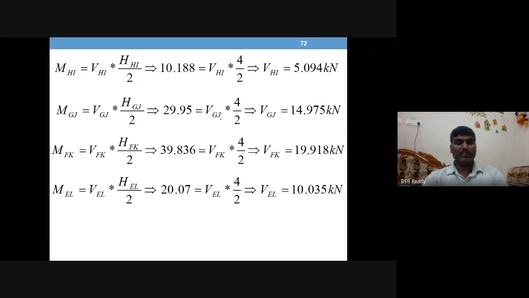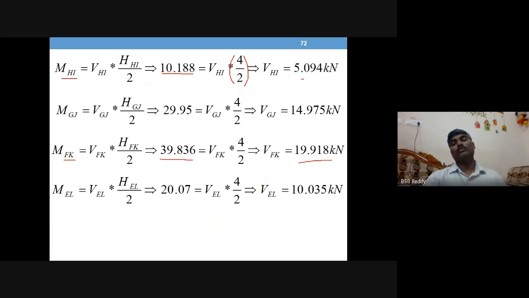Going to the middle story, it is the same here. Column FK has the highest value of moment, hence the highest value of shear. As I said, it is 4 meters height, so 4 by 2 is 2 meters, which is half of the column height. 10.188 is the end moment MHI, which was already found in step 4.